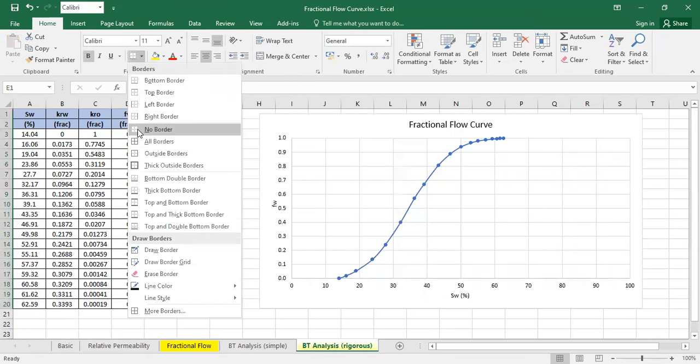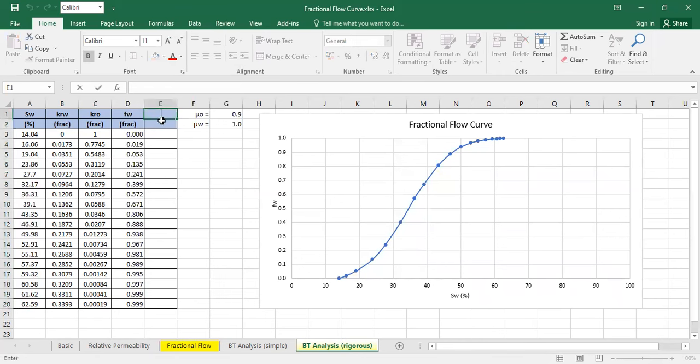We have the derivative of dfw with respect to the water saturation. This is the derivative, but you can also calculate it like this: this one minus that one divided by this one minus that one.